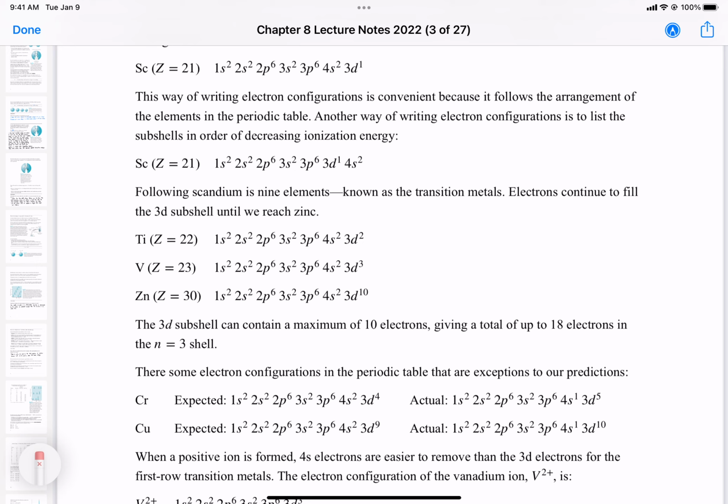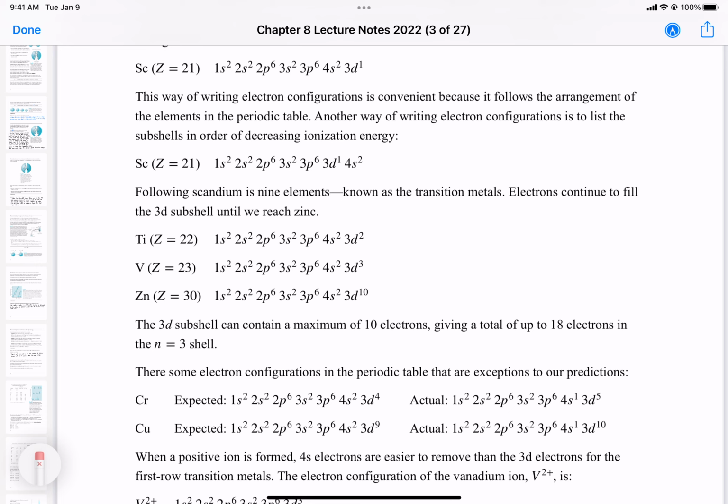So having a half filled d subshell is more stable than having a filled 4s orbital, and that's because technically speaking, the electrons in the 3d orbital are of lower energy, so it takes more energy to remove them. So that's why they're more stable. And then for copper, it's better to have a filled 3d subshell rather than 4s because it's, again, of lower energy, technically speaking.